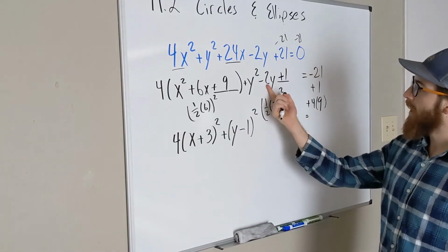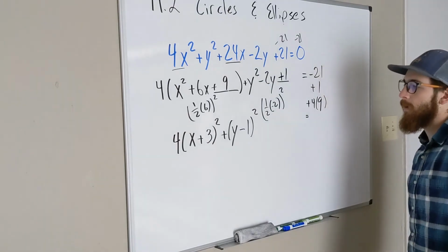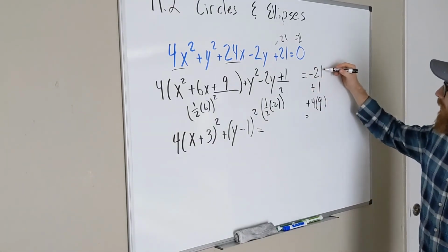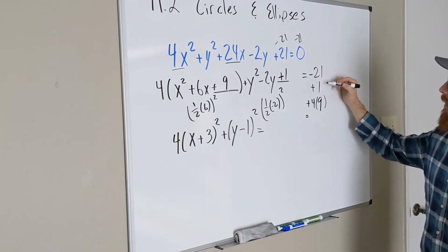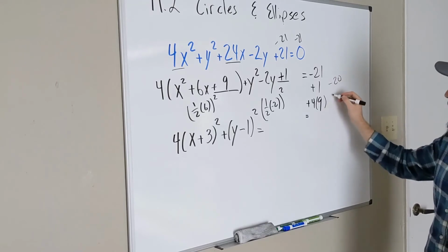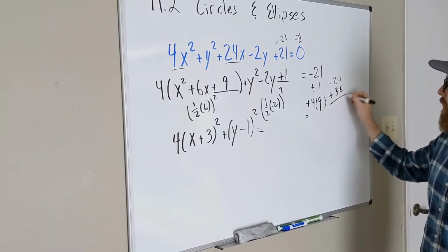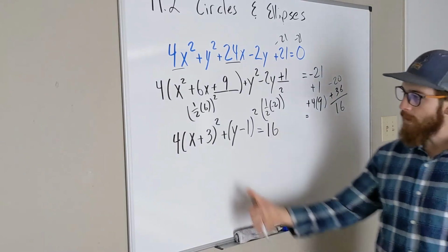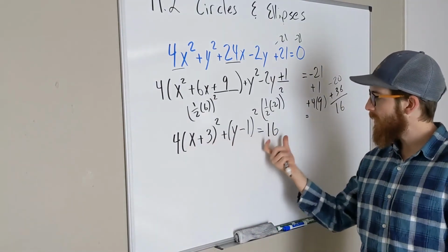Minus 1, because 1/2 of -2 is -1. Okay, now we just need to figure out what's on this side. So -21 plus 1, well, that would be -20. And this is plus 36, so that would be 16. Okay, so we have this plus this equals 16.